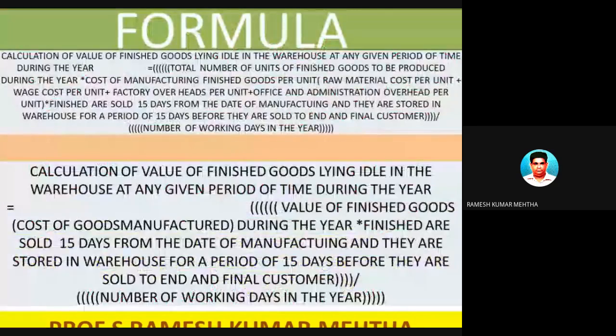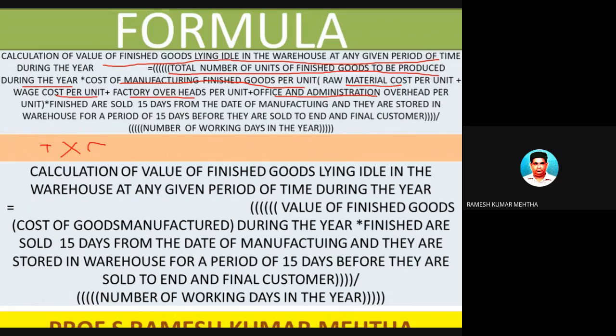The value of finished goods lying idle in the warehouse at any given period of time is equal to the total number of units going to be manufactured during the year, into the cost of manufacturing the finished goods. Remember, the cost of manufacturing is raw material cost per unit, wage cost per unit, factory overheads per unit, and office and administration overheads per unit.